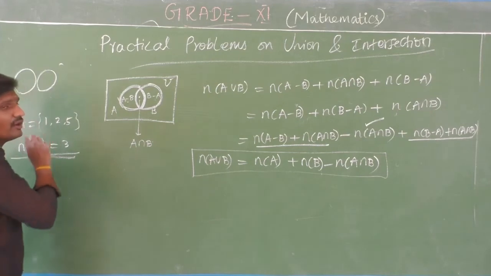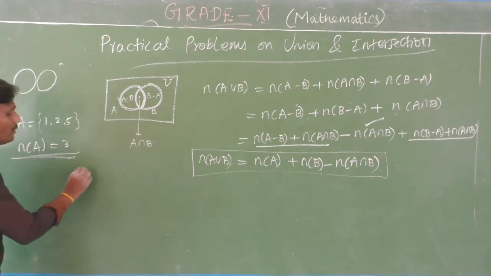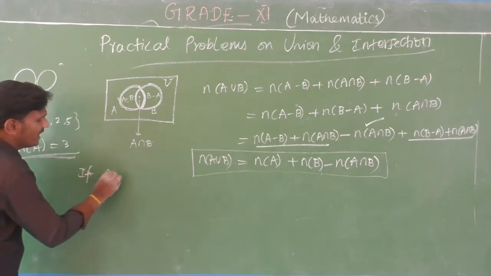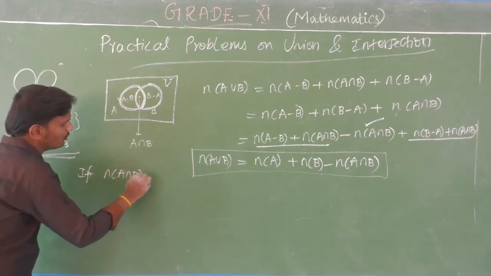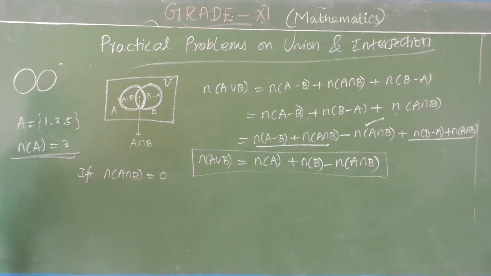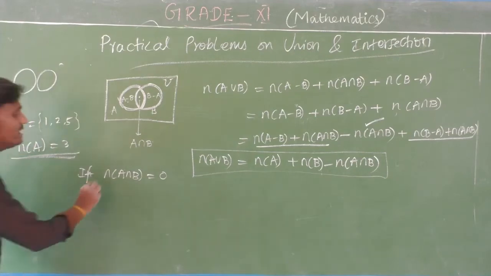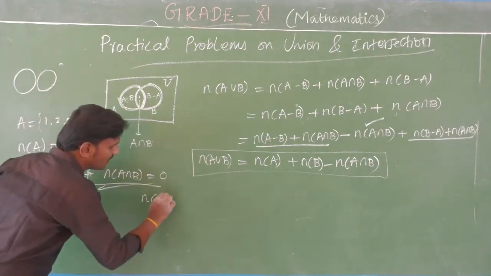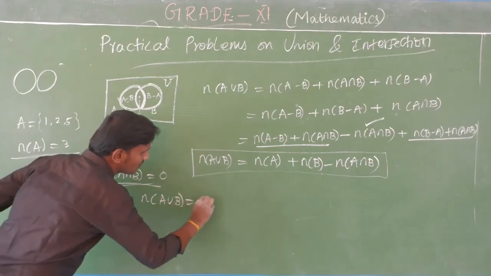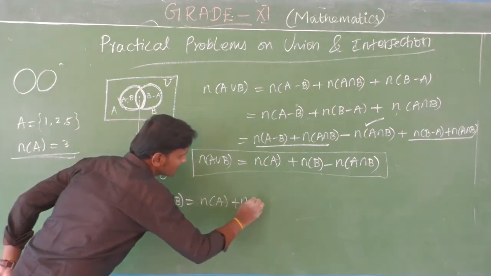For that type of disjoint set, n of a intersection b is equal to 0, that is, a intersection b is an empty set. Now the formula becomes n of a union b is equal to n of a plus n of b.